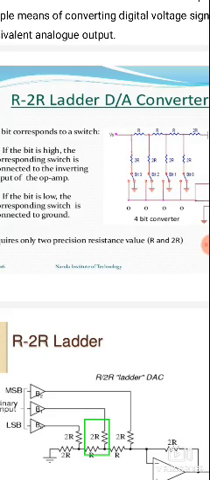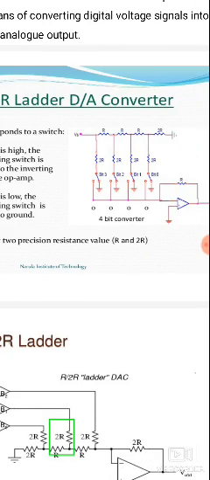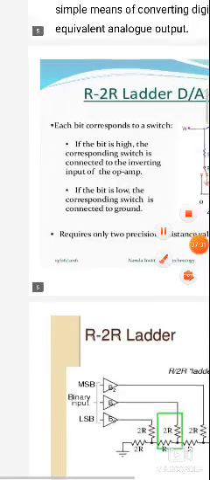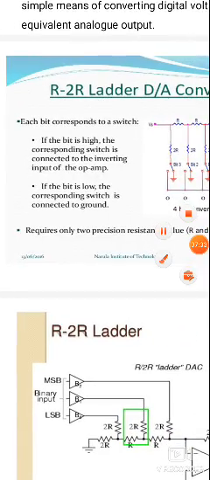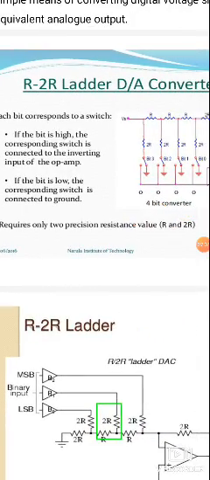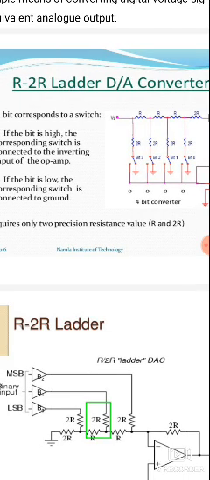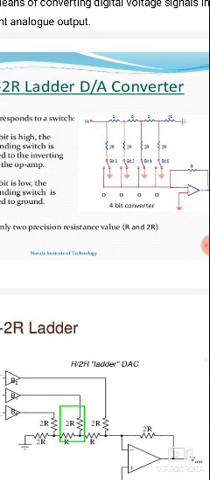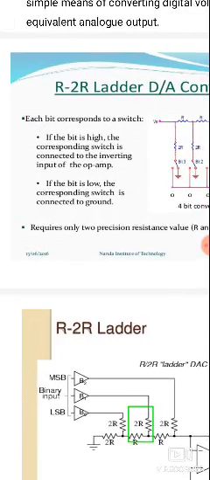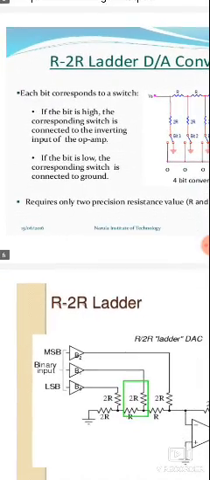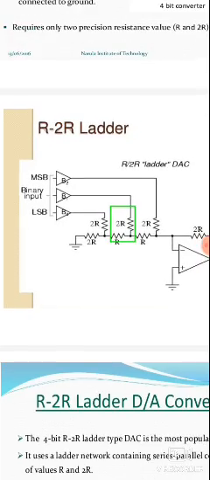If the bit is low, the corresponding switch is connected to ground. So whenever the bit is 1, it will be connected to the inverting terminal of the op amp. Whenever the bit is 0, it is connected to ground.